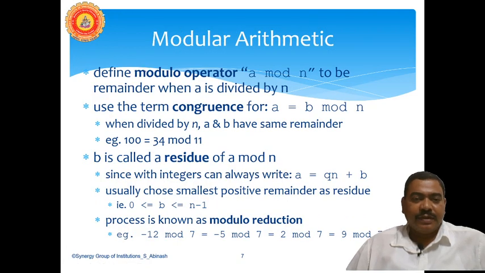Okay, so next is modular arithmetic. It defines the modulo operator A mod n to be the remainder when A is divided by n. Suppose A is 11 and n is 5.